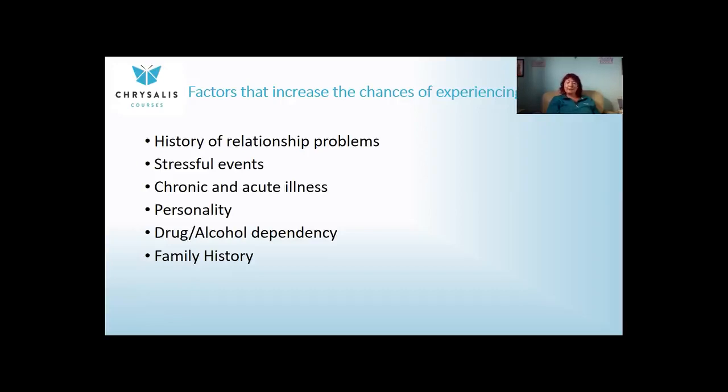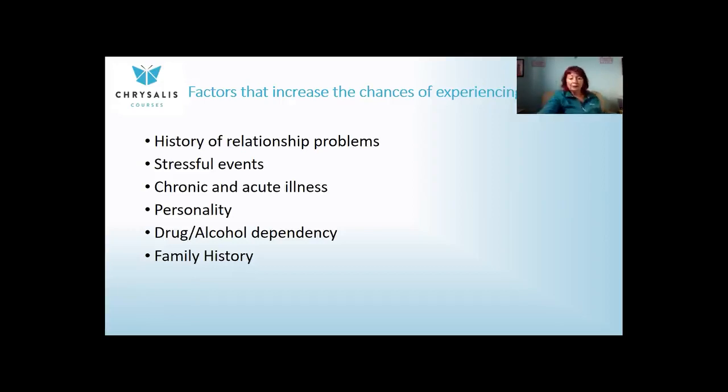And family history. So we know that someone who has a parent who has depression, they're 8 times more likely to experience depression themselves. And again, it's hard to say if that is genetic or learned or a combination.